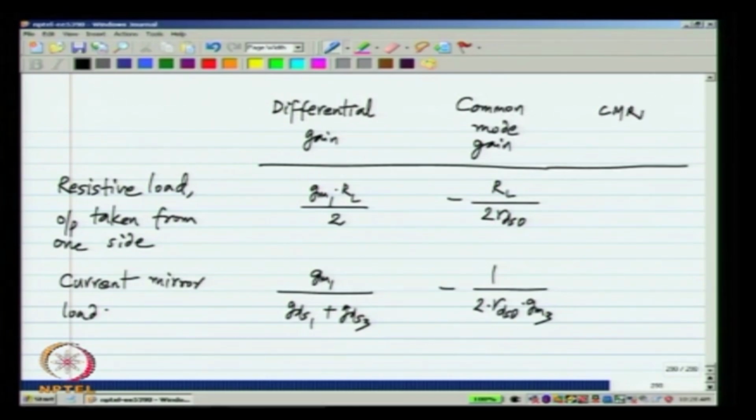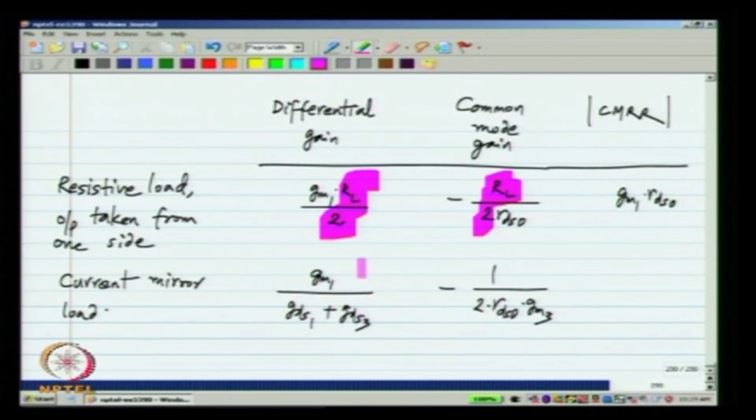And the contrast is obvious if I calculate the CMRR, which is the ratio of differential gain to the common mode gain, and I will just show the absolute value of that, which is GM1 times RDS0 in this case. Okay. You see that RL by 2 appears in the differential gain and also in the common mode gain, whereas with the current mirror load, in the differential gain we get 1 over GDS1 plus GDS3, and in the common mode gain we get 1 over GM3.